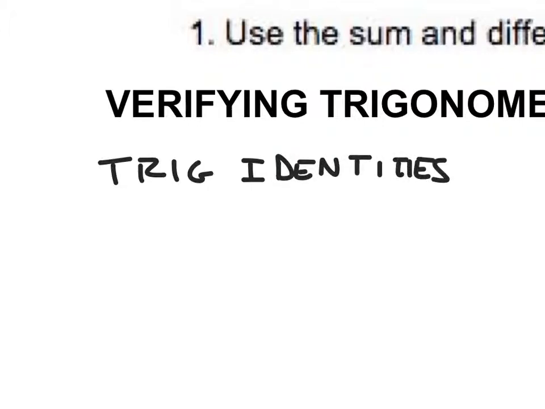Okay, and the first one I want to talk about is, you've got sine of x, and you've got cosine of x, okay? Those are just the standard ones. I'm just going to leave those there because they don't really do much.